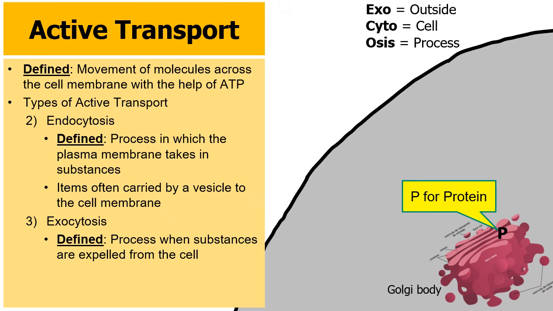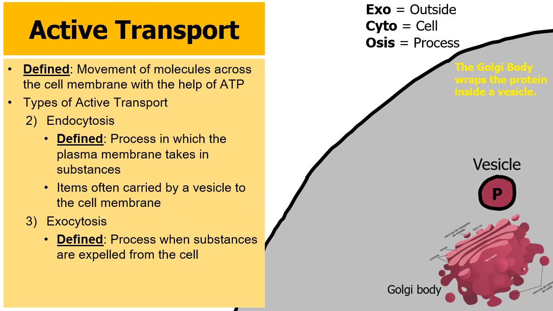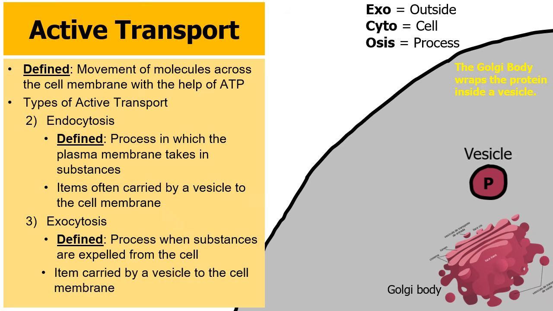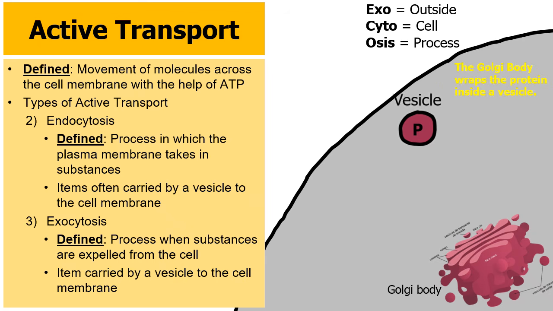Now, here we have a Golgi body. That purple object is a Golgi body with the letter P on it. Again, P stands for protein. This Golgi body will wrap the protein inside of a protective little vesicle. Then the item, in this case a protein, though not every example is a protein, is carried by the vesicle over to the cell membrane.